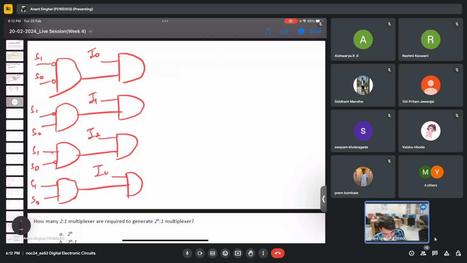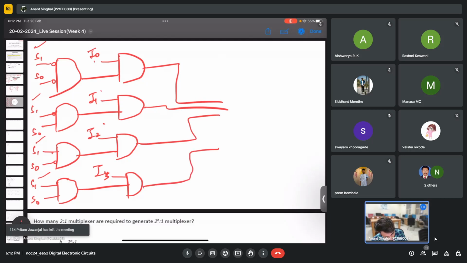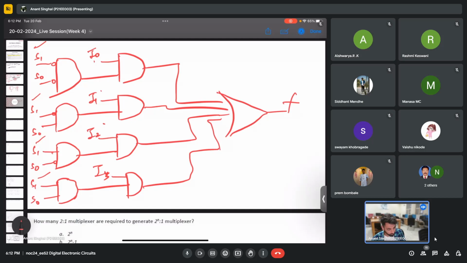These four inputs are I0, I1, I2 and I3, and on the basis of these select lines we select them, and it has a single output as already said, which is connected by an OR gate. So this is basically the circuit of a multiplexer.